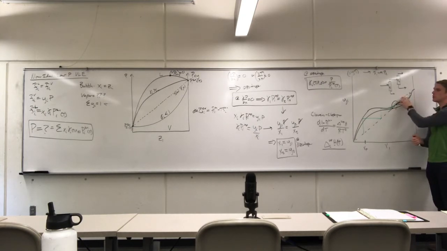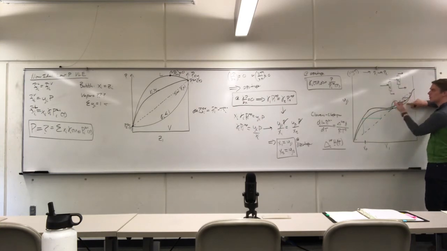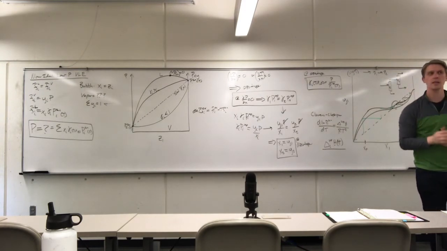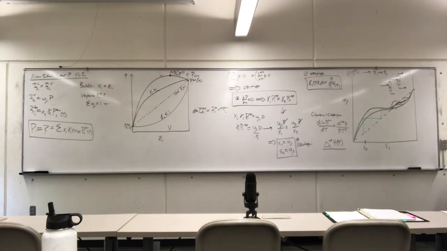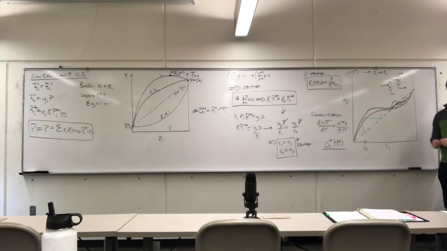This is the y equals x line if we're doing infinite reflux, which we can't, but this line here still corresponds to the equilibrium composition at each stage. So by swinging the pressure, we can manipulate the azeotrope composition. It doesn't have to be a lot, just a little bit. The more you swing the pressure, the less close you have to get to the azeotrope, because then you can shift the azeotrope composition significantly.